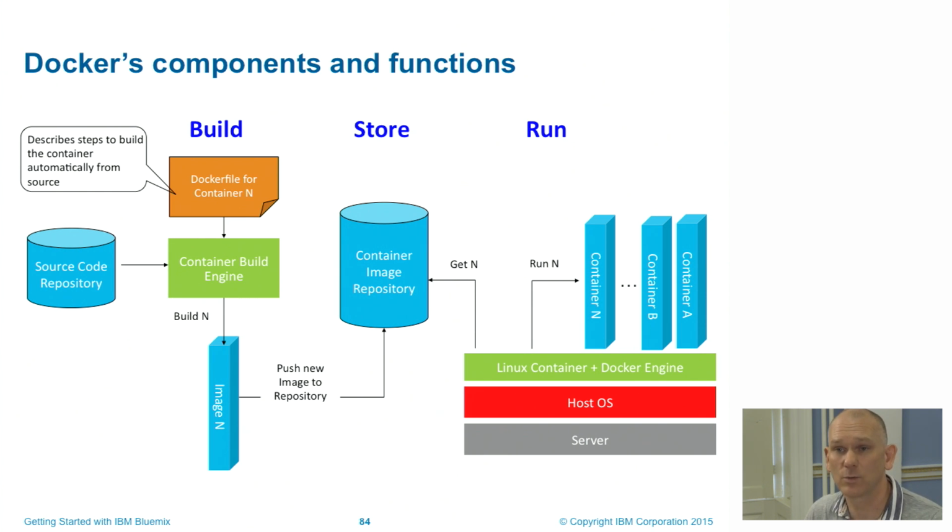On Bluemix, we have a Bluemix repository, but there is also a public Docker repository. When I want to run a container, I instruct the Docker infrastructure to run a container. It will go and get that container from the repository. It will then put it into a Linux kernel container and then run that container.